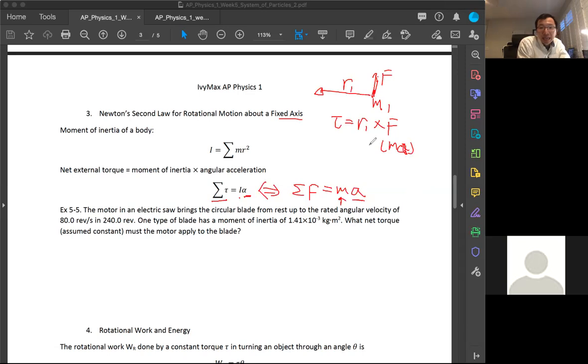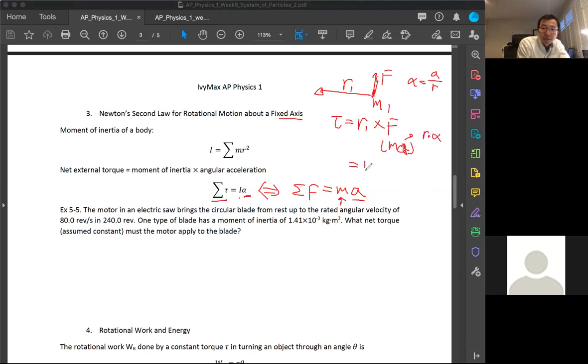Based on the relationship between tangential acceleration and rotational acceleration, a can be considered as what? We know that alpha is equal to a over r, so a is actually r times alpha.